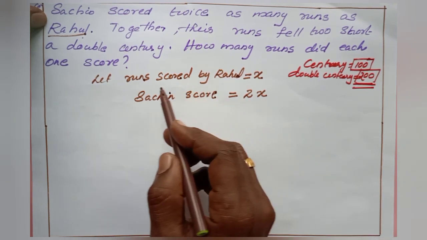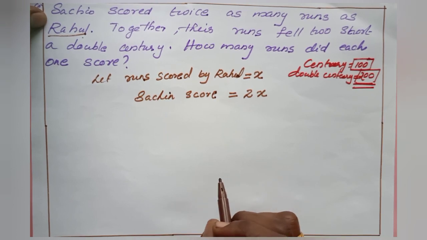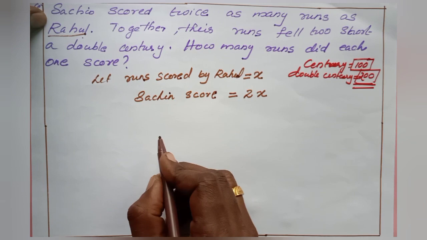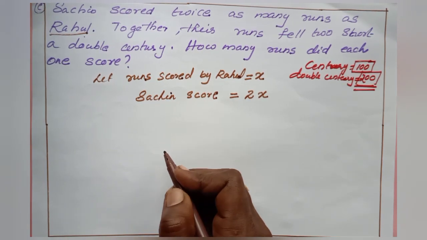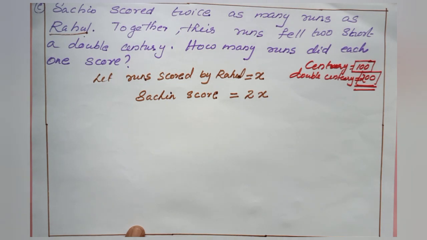Then together their runs. Together means adding these two runs. They fell 2 short of the double century.